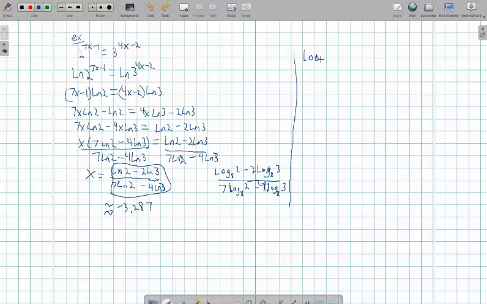So if I took a log base 2 of the left and a log base 2 of the right, well, you get the nice property of, on the left, log base a of a to the x is just x, so the left side is just going to be 7x minus 1 equals, then the right side, well, you are just going to have to do the same thing on the right side.